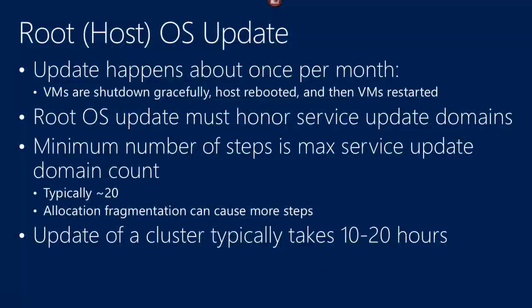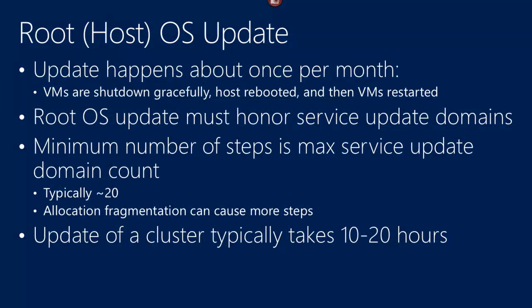When we update the host operating system, it happens about once a month. So your VMs get gracefully shut down on the servers we're about to update. We have to honor HostOS update constraints.